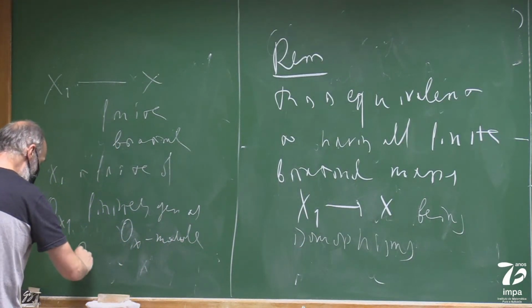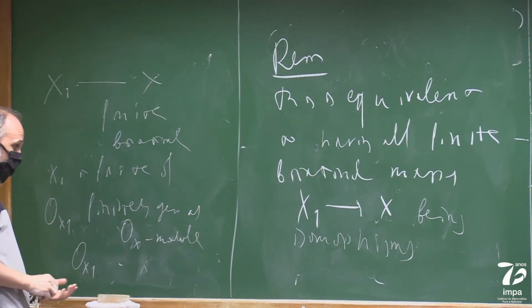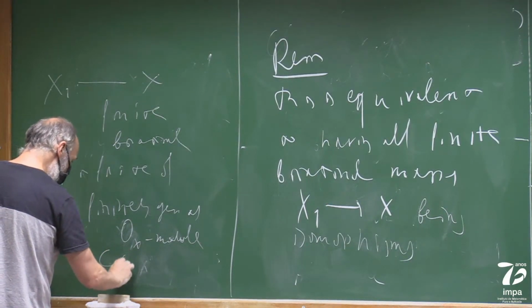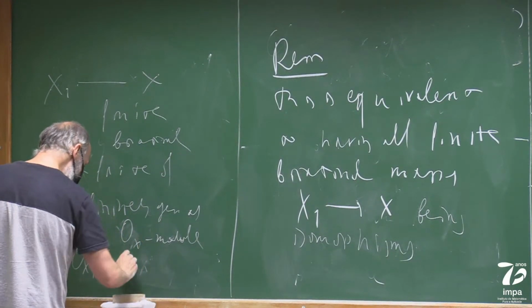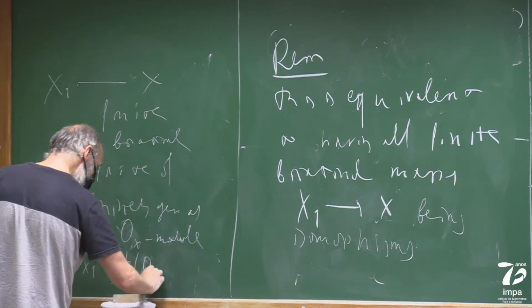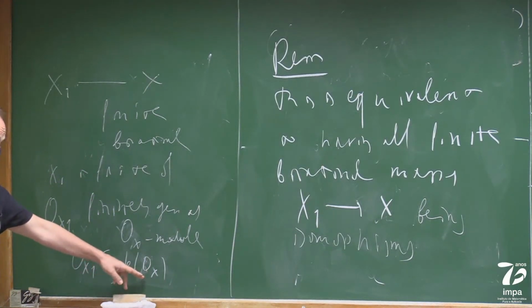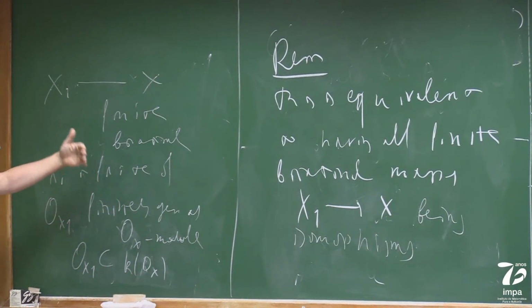Okay, now you have O_x1, but the fraction field is the same. It sits in the fraction field of O_x, and it's finite over O_x. It's finitely generated over X.